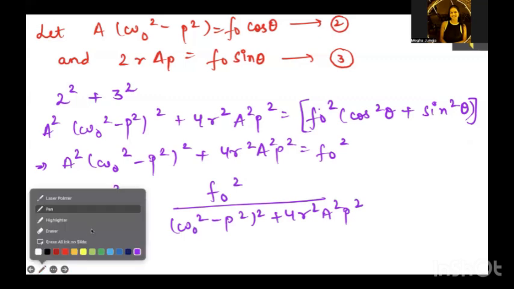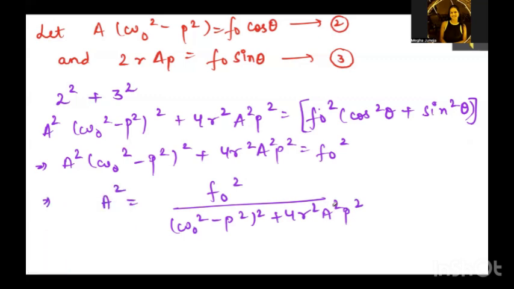So a square तो basically हम calculate ही कर रहे हैं. So this implies A will be equivalent to F naught over under root of omega naught square minus p square whole square plus 4r square p square.